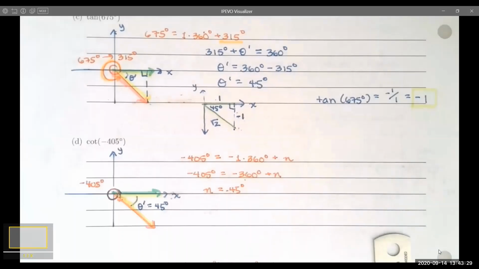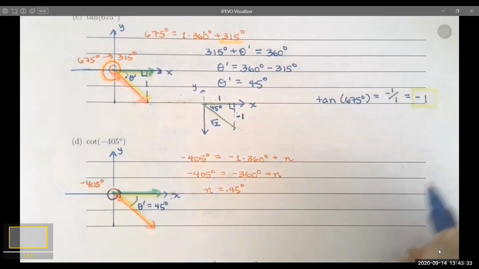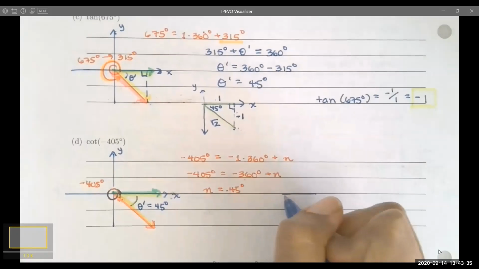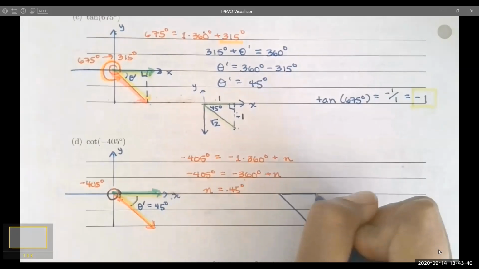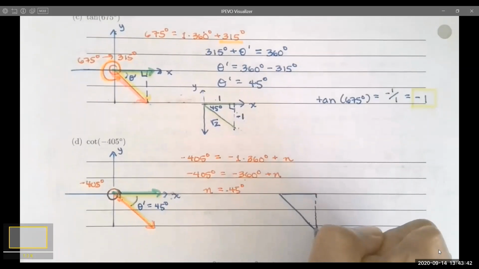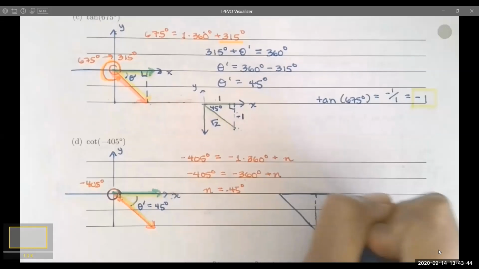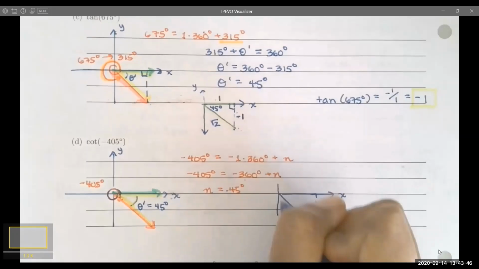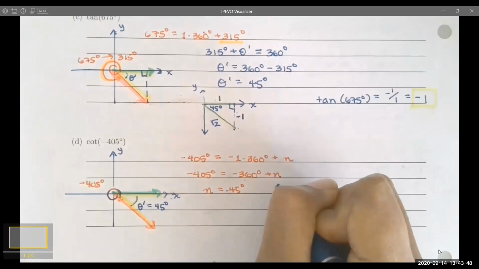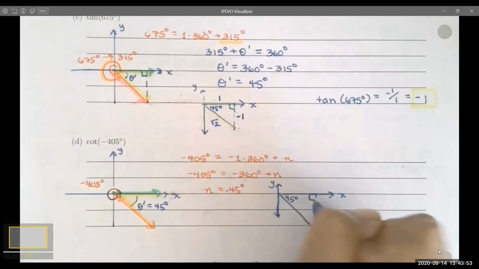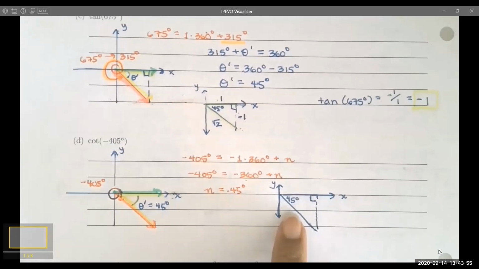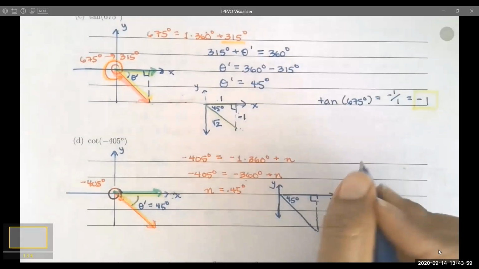Great. So with that in mind, we'll be drawing a right triangle in quadrant number 4. I'm just redrawing this on the side so it's a little easier for us to read. So this here would be the y-axis. We have 45 degrees here, and this is a right triangle. Now, in a 45-45-90, as we mentioned earlier, this could be 1.